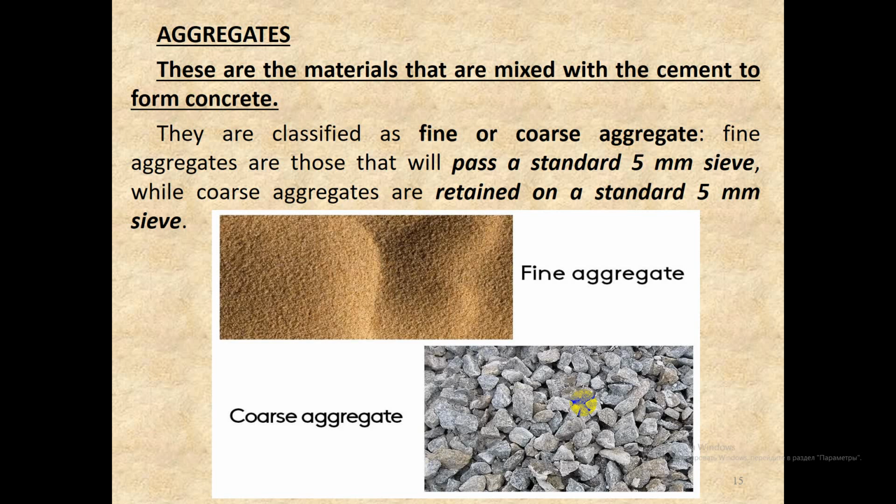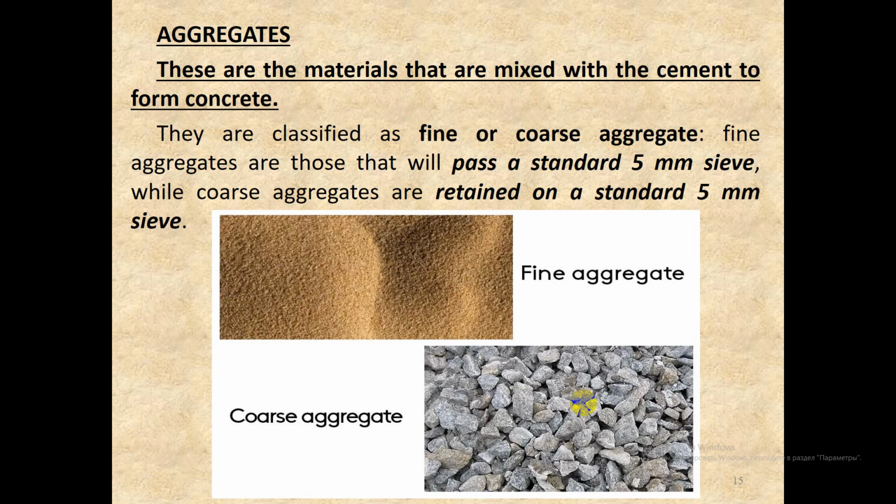Also, inert aggregates form a large fraction of a concrete mix and are important. Aggregate may be formed from mined gravel or gravel reclaimed from the sea and subsequently washed.